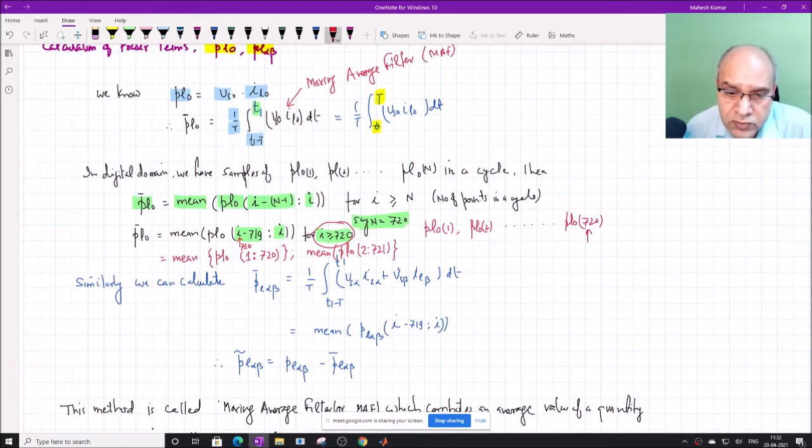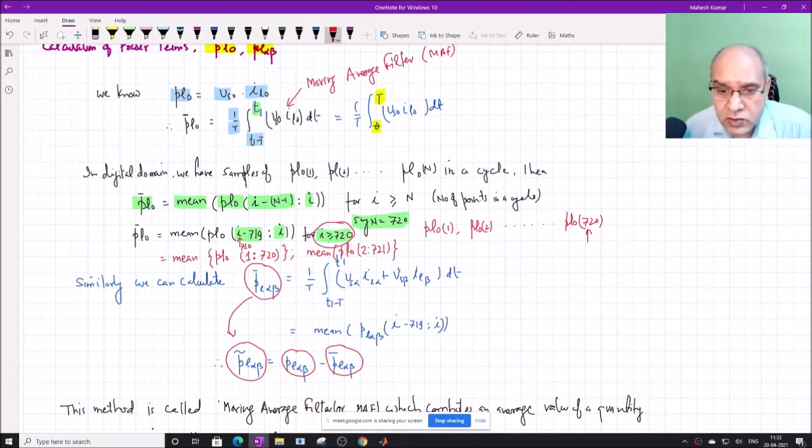Basically we need to compute PL alpha beta tilde. Alright, but to compute tilde we have to compute this term, because the value of tilde is nothing but PL alpha beta minus PL alpha beta bar. So first we compute PL alpha beta bar and then we compute PL alpha beta tilde.